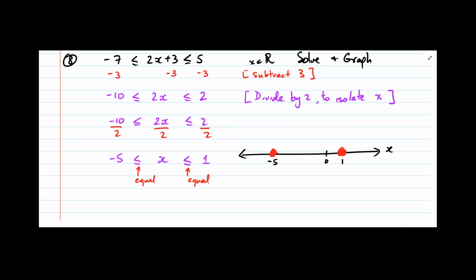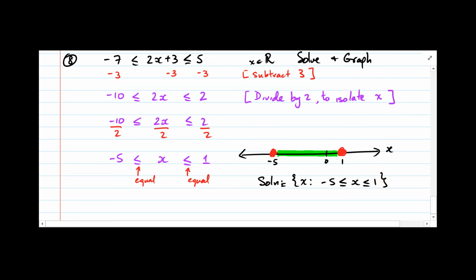And then in between would be shaded because it's everything between negative 5 and 1 that forms a part of the solution. Alright, of course, writing my answer in set builder notation, my solution set is exactly what I had solved there. Minus 5 less than or equal to x less than or equal to 1.